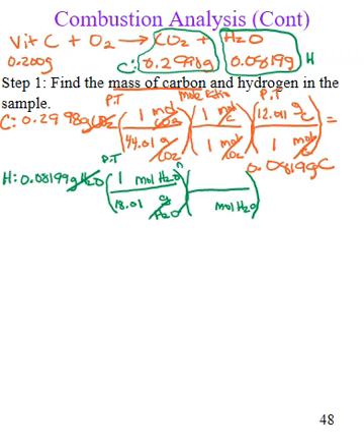This is a mole ratio. And because we're looking for hydrogen, we're going to look for moles of hydrogen. What is this relationship? For every 1 mole of H2O, how many hydrogens are there? 2. So it's a 1 to 2 ratio.